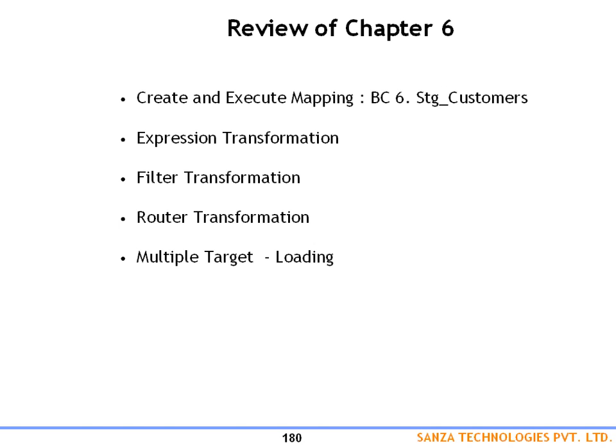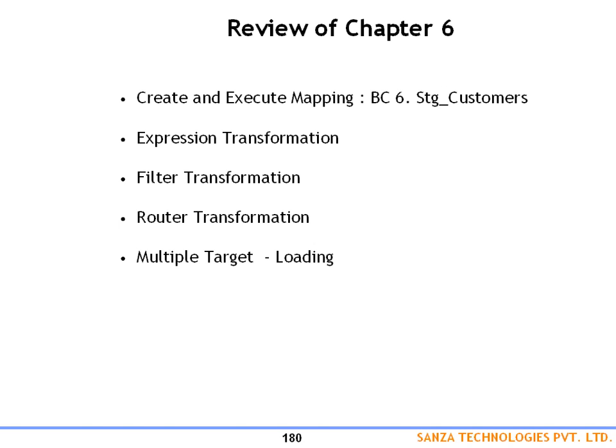However many filter transformations you use, the input data will be read that many times and tested for all the conditions. Whereas in traditional programming, if you use if-then-else-if to load data into multiple targets, once a record satisfies the first condition, it will not be tested for the other conditions. In filter transformations, each record is tested against all the filter conditions, because each record is read by all the filter transformations.